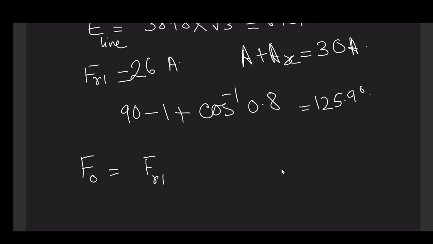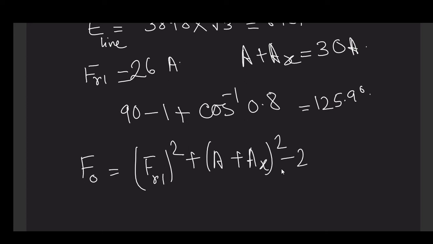Now you can figure out F naught squared equals FR1 squared plus (A plus AX) squared minus 2 FR1 (A plus AX) cos alpha, where this is alpha.